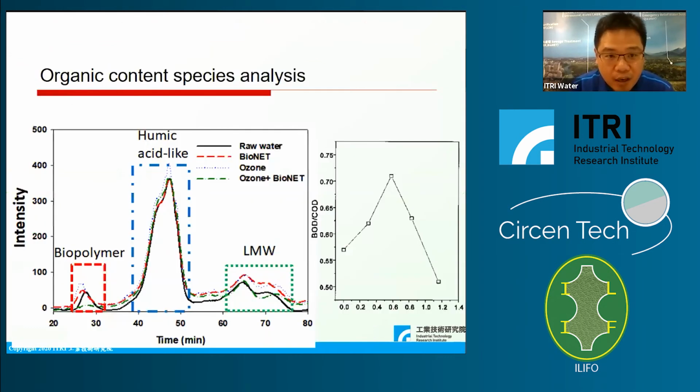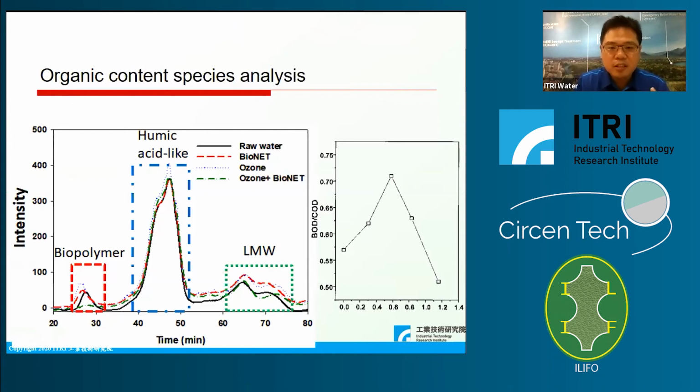And here is the organic content species analysis in this science park. We can find that the COD in the raw water can be divided into 3 parts. One is low molecular weight, one is humic acid-like, and the most important is the molecules we call biopolymers, which are thought to cause serious fouling on the membranes. The raw water here has a big peak value of around 50 intensity.